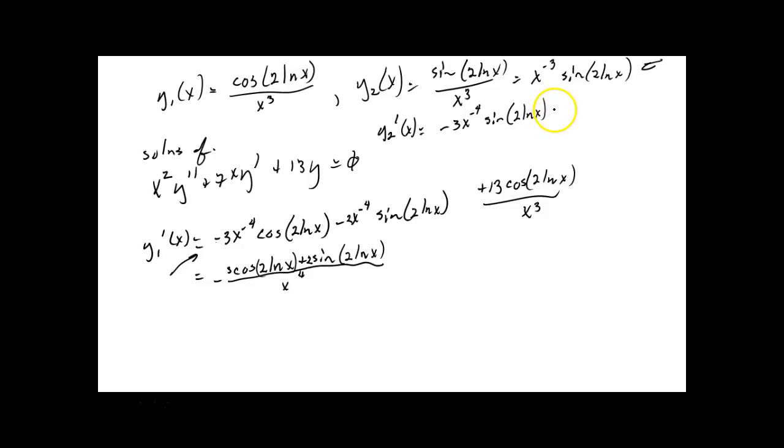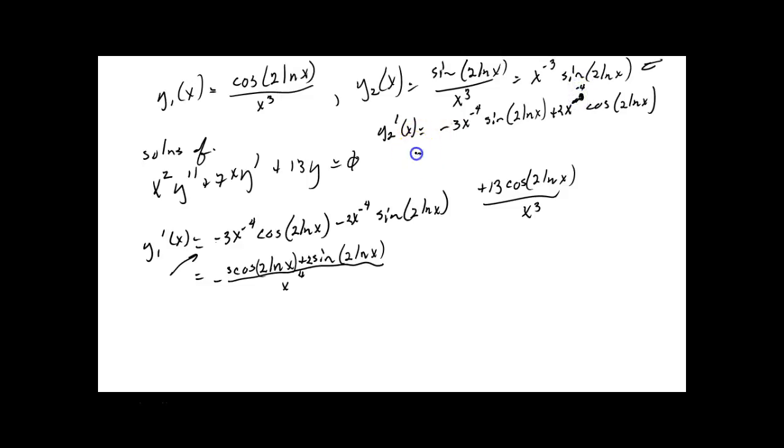Okay, this time it's going to be a plus because the derivative of sine is positive cosine. Let me write down x to the minus 3 cosine of 2 log x. But then when we do our chain rule, what does that give us? 2 over x, which is going to bring that up to a minus 4, right?